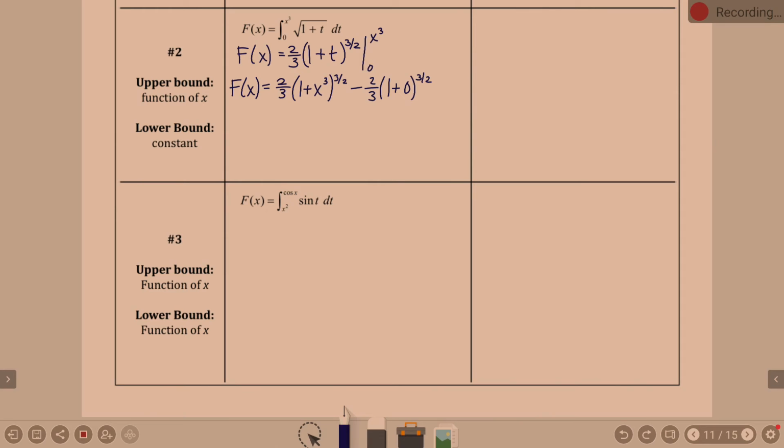Now, that first part, the 2/3, 1 plus x cubed to the 3/2, we're not really going to clean that up for the purposes of what we're doing right here. What about this other part? 1 plus 0 is 1. 1 to any power is still going to be 1, times 2/3 is just going to make this minus 2/3, right? Okay, so that is our capital F of x.